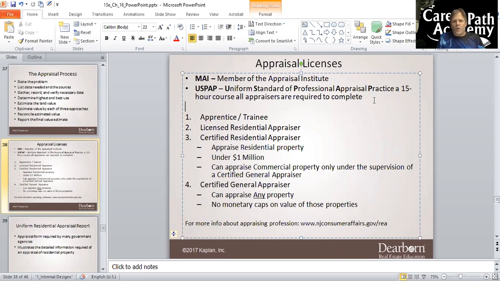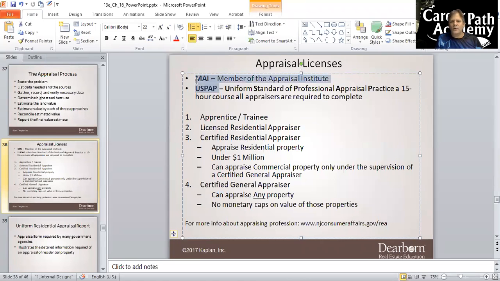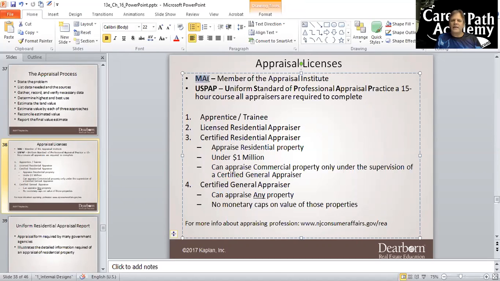Now, you're going to get one of these on the state exam. Let me explain what they both are first. USPAP or MAI. You're going to get one or both of these on your state exam. When you get your real estate license as a salesperson, you're going to become members of NAR, National Association of Realtors, correct? Well, what NAR is to us, MAI is to appraisers.